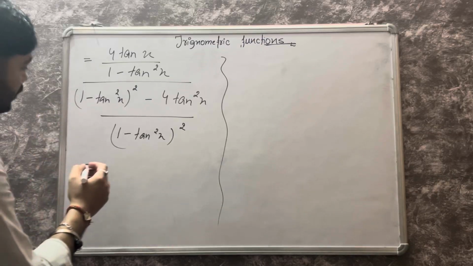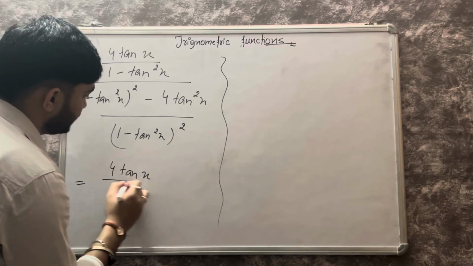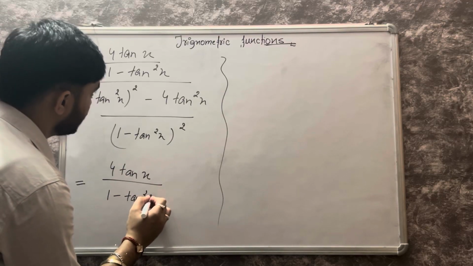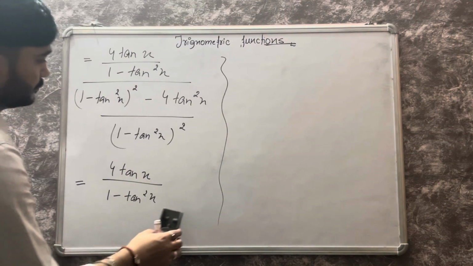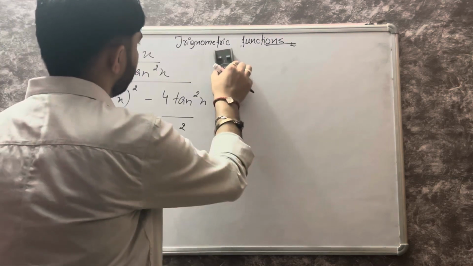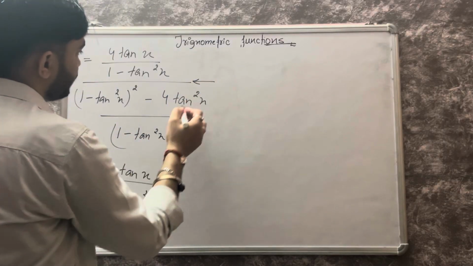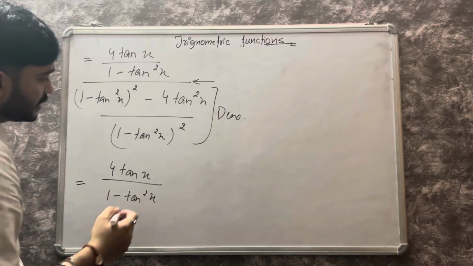In the next step, we are going to write 4 tan of x as it is, 1 minus tan square x as it is, and we are going to divide this. This is the denominator, so we are going to take the reciprocal of this term.